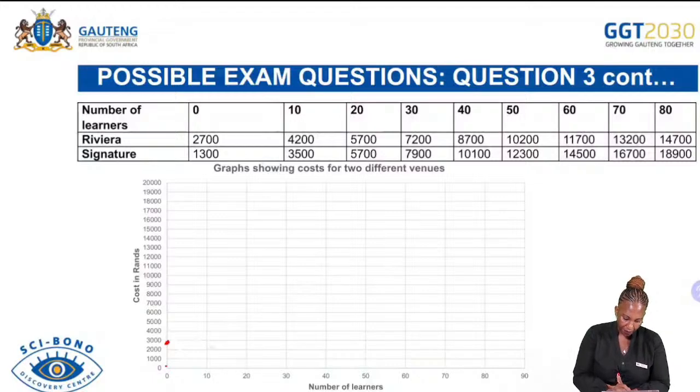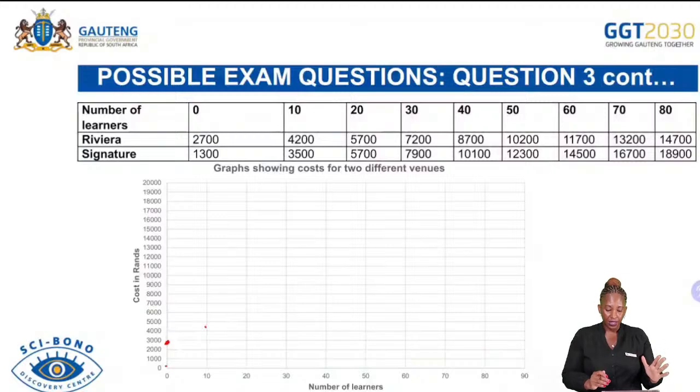Now we go to 10. At 10, it's what? It is 4,200. This is just above 4,000. And boys and girls, you know what is nice? You can look for the amounts that are directly on the line, and then it will be easier for you to plot. So we have plotted the 2 points.